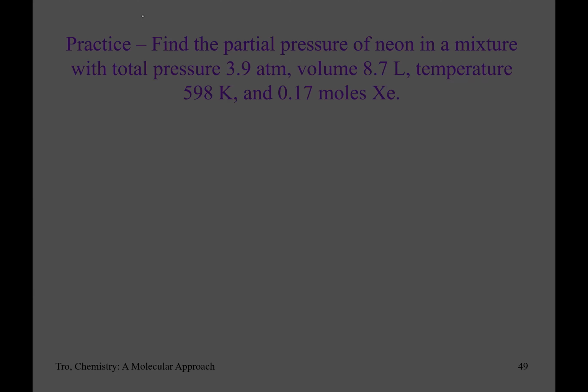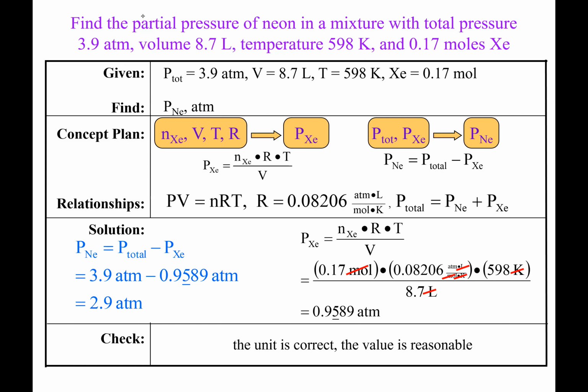We want to find the partial pressure of the neon in a mixture, which is mixed with xenon. The total pressure is 3.9, and we have the volume of 8.7, the temperature, and the moles of xenon given to us.